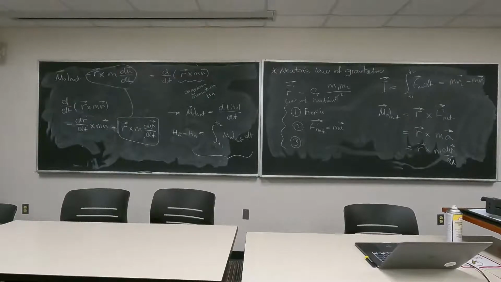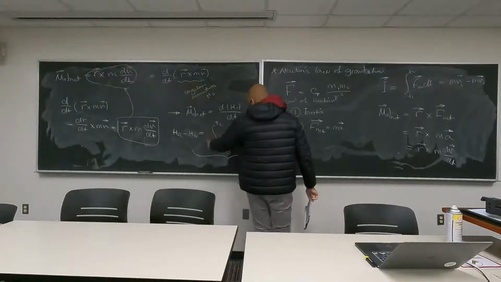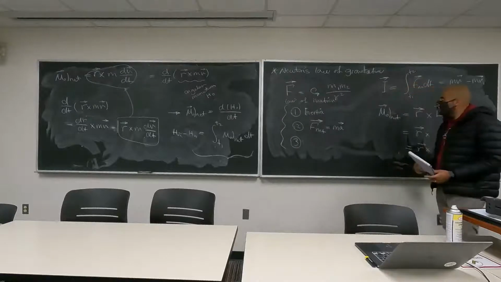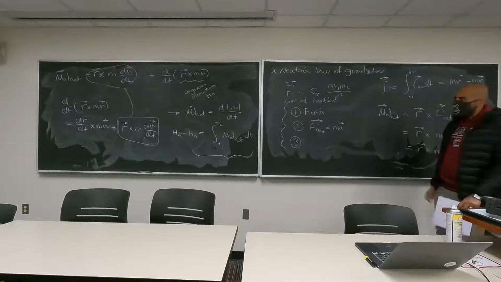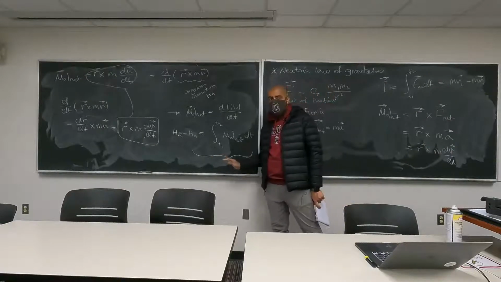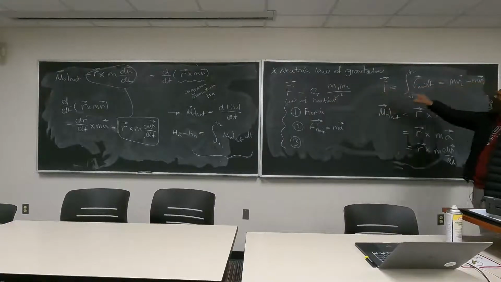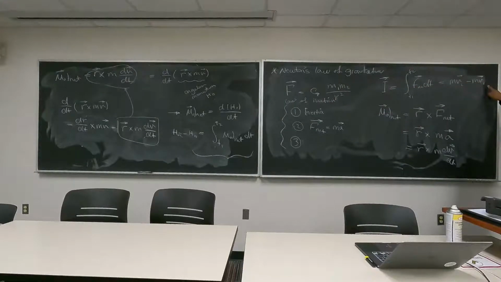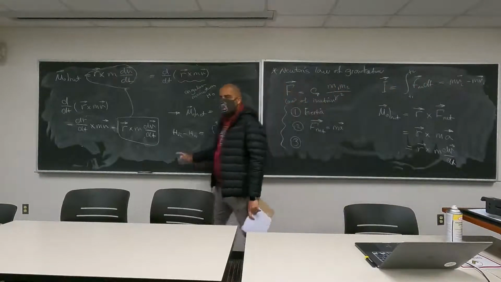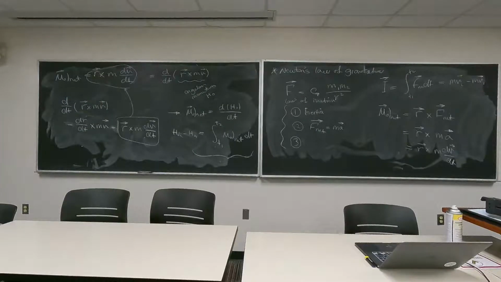This integral is called the angular impulse. So we defined a linear impulse, and we also found an angular impulse. This is essentially the same, and it's analogous to the linear impulse equation. Linear impulse is equal to the changes in linear momentum. Angular impulse is equal to changes in angular momentum. Okay, are there any questions?